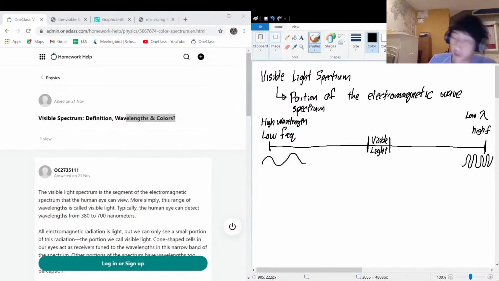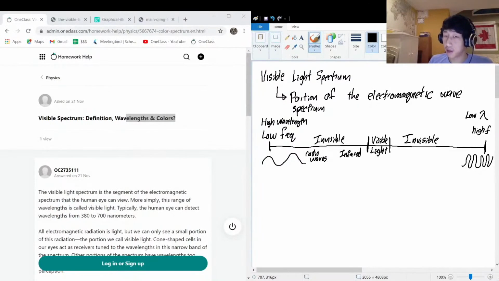Lambda is wavelength, and we'll see that more in the equations. But if we have lower frequencies than visible light, this becomes like infrared, and maybe even into radio waves. And this is all invisible. And over here, it's invisible as well. Invisible to human eyes, that is.